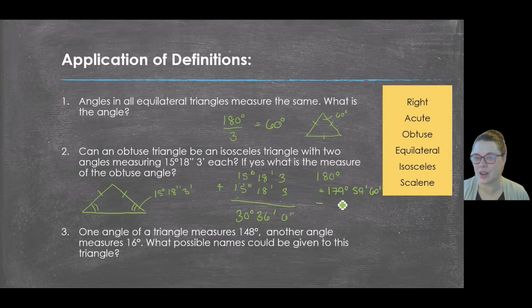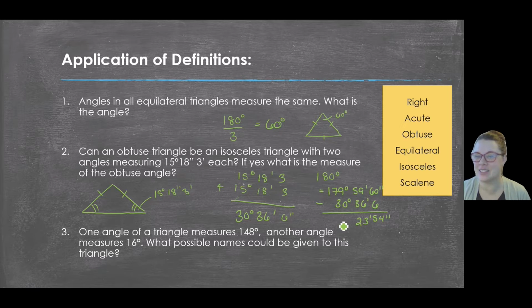Then we're going to subtract 30, 36, and 6, and find out what we have left. 60 take away 6 is going to leave us with 54. 59 minus 36 leaves me with 23.